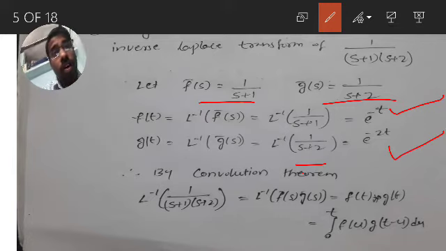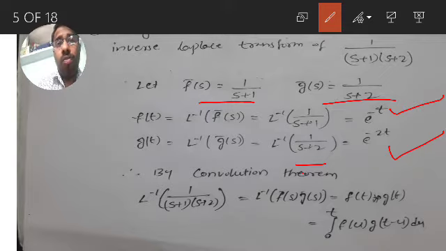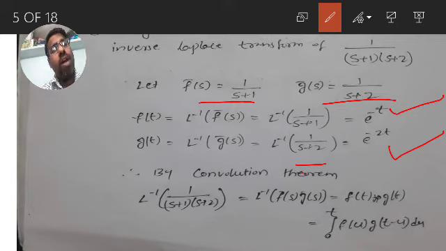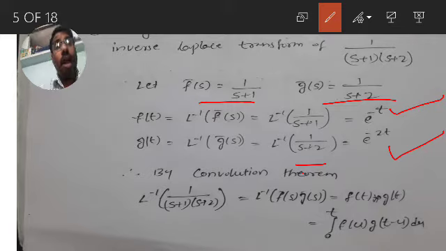Now we got f of t and g of t. At place of t, if you write u, then f of u. What is f of u? F of t is e power of minus t, so f of u becomes e power of minus u. And g of t, you have to write g of t minus u in convolution. At place of t, you have to write t minus u.